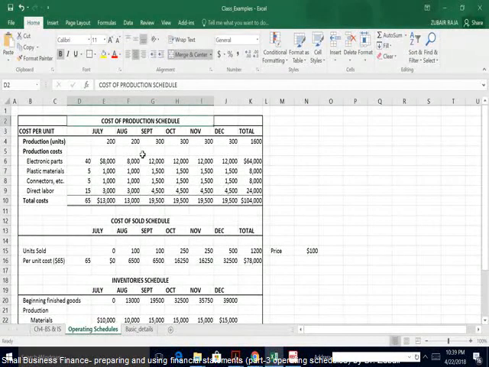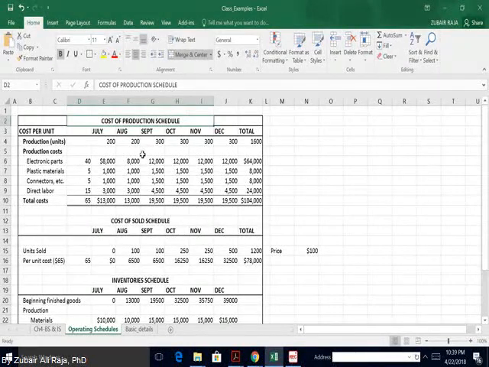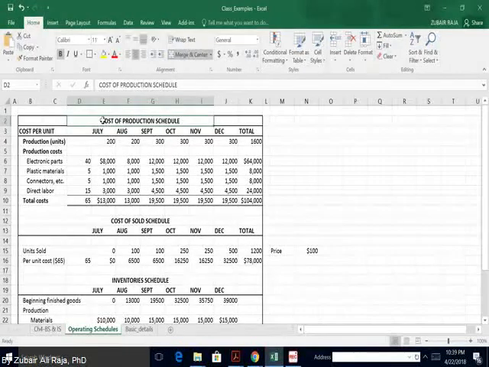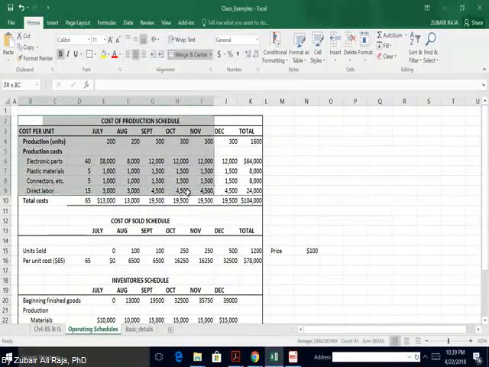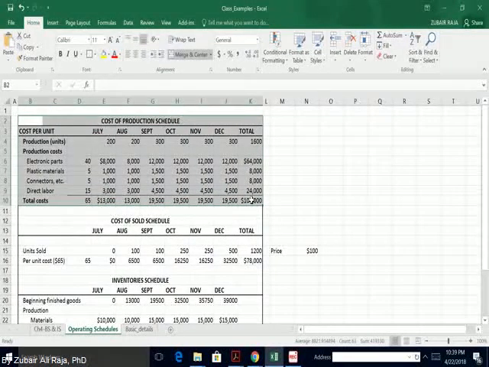Remember, this PSA Corporation started making scanners from July, and they kept doing the operation for 6 months, from 1st of July until 31st December. This first one, which I have highlighted, is the cost of production schedule.